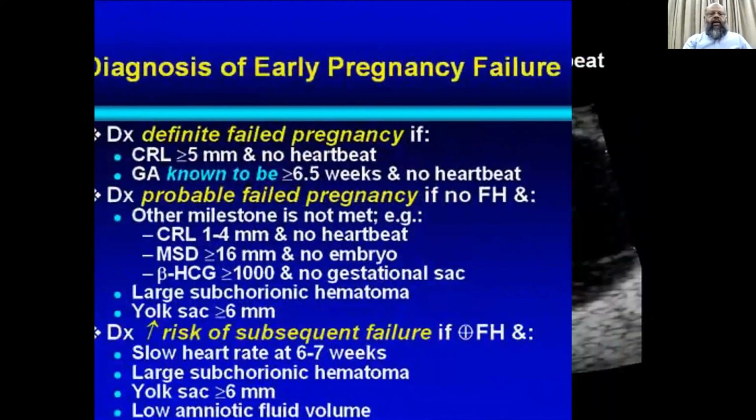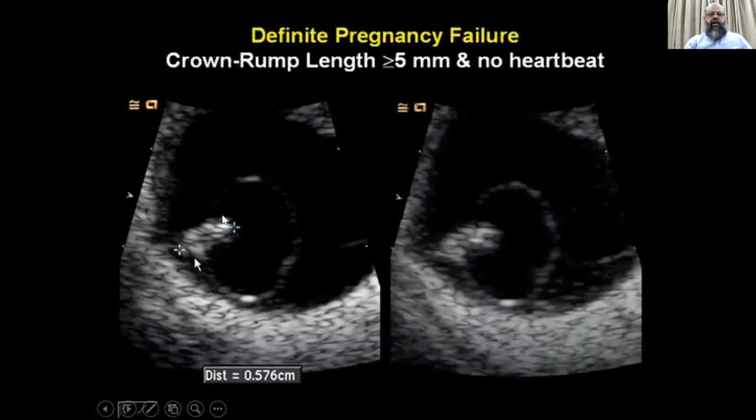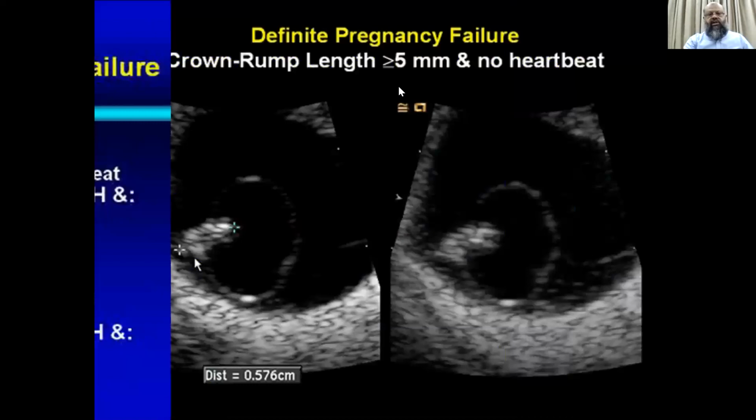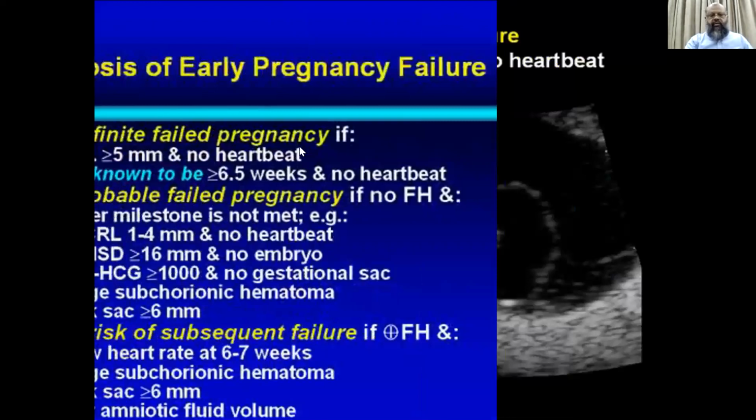So the crown rump length should be above 5 mm, and if no heart rate is there, we discussed that it is a definite failed pregnancy.